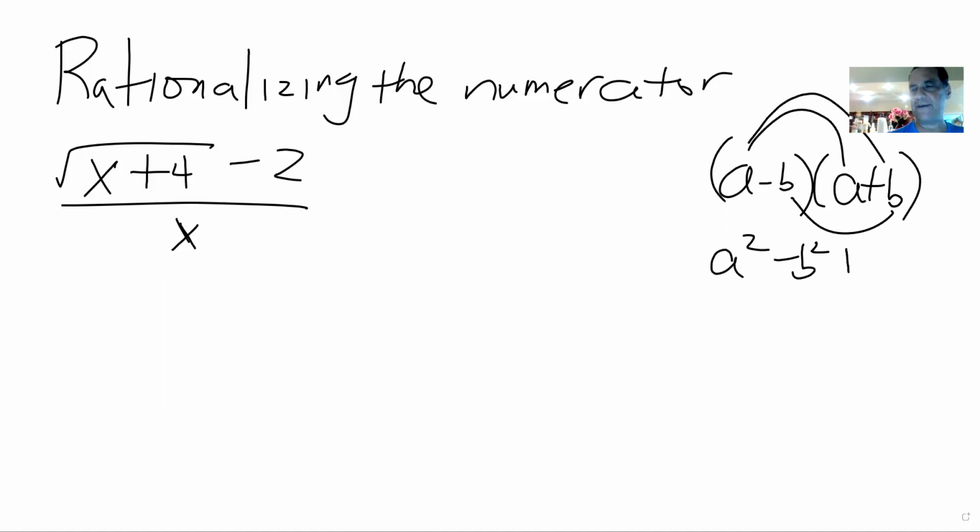And then you also have to deal with the inner and the outer. And what's going to happen there is that you're going to be left with what they call the difference of squares.